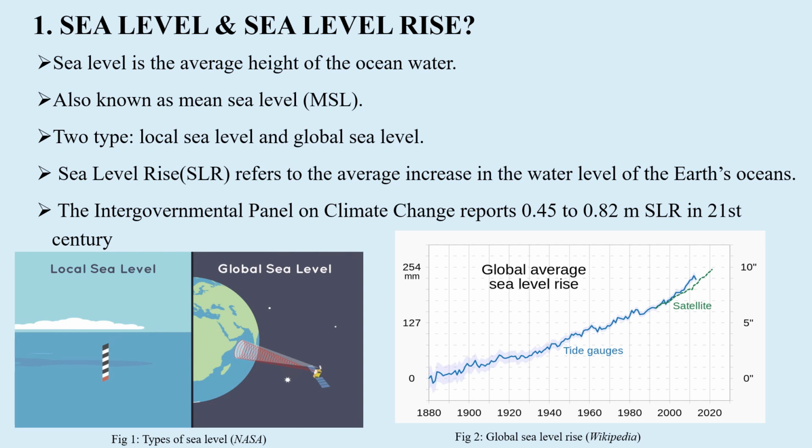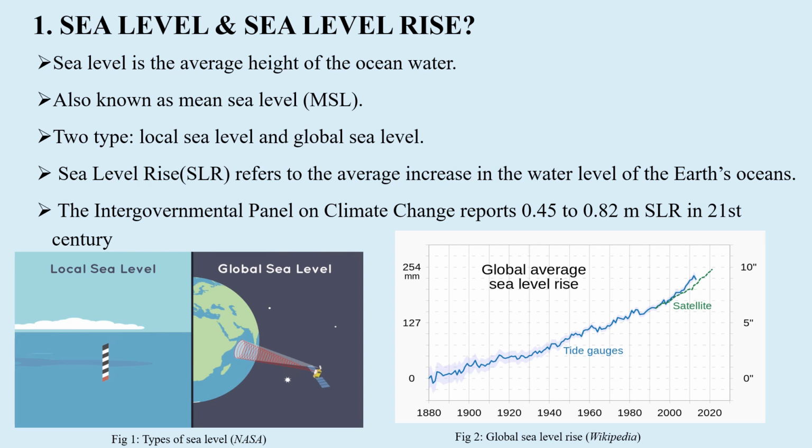Sea level rise refers to the average increase in the water level of the Earth's ocean. So whenever we see an average increase in the water level of the ocean, it is referred to as sea level rise. According to the report published by the Intergovernmental Panel on Climate Change, in short the IPCC, the global sea level rise would occur in a range of 0.45 to 0.82 meter in the 21st century.